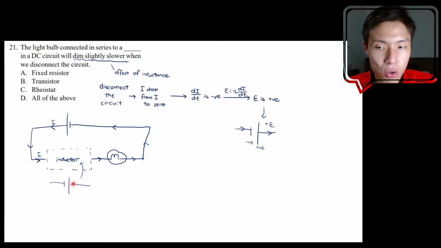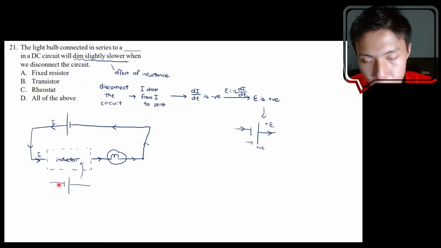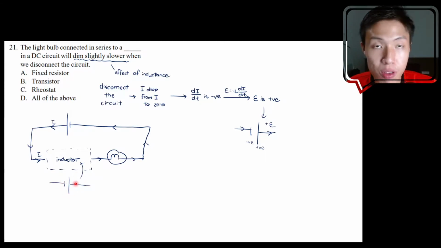Okay, so like this. If you have a battery over here, it will pump charges from negative terminal to positive terminal. That's the function of a battery, right? You want to pump charges from negative terminal to positive terminal. So when you disconnect the circuit, you are making the current drop to 0.